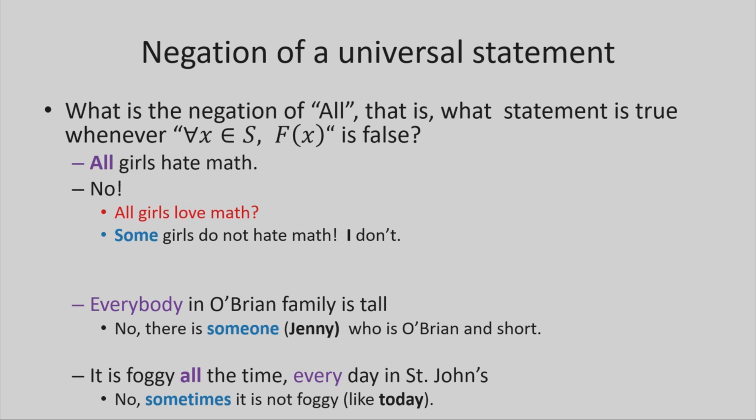And nothing stops us from taking a negation of a predicate logic formula the same way as we did it for propositional logic formulas. We just define it to be something that's true whenever the original thing is false, and false whenever the original thing is true.